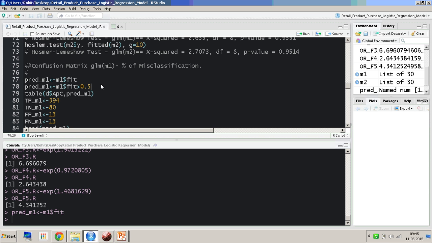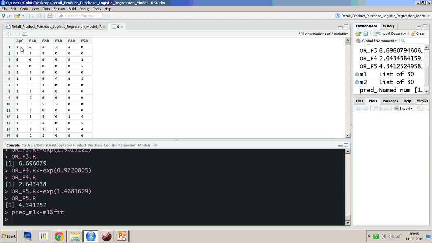And we also want to see whether these values are greater than 0.5. So that 0.5 is the threshold we have chosen for classifying the particular event as a purchase or not a purchase.